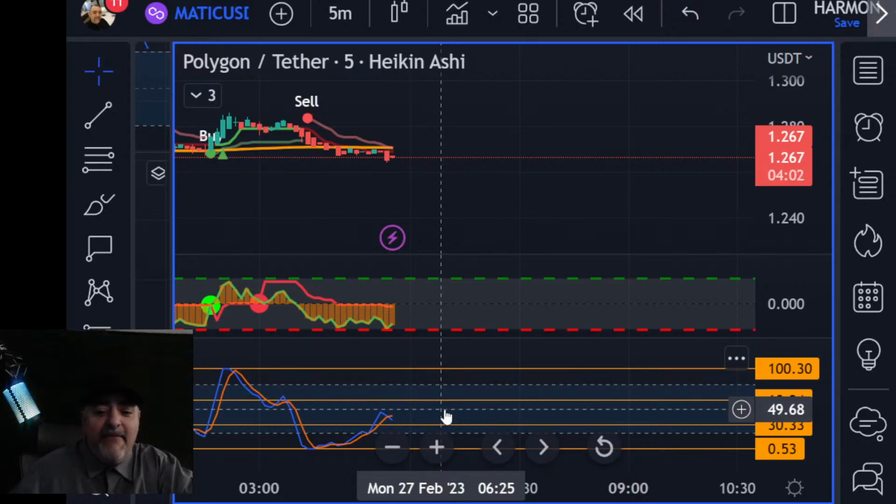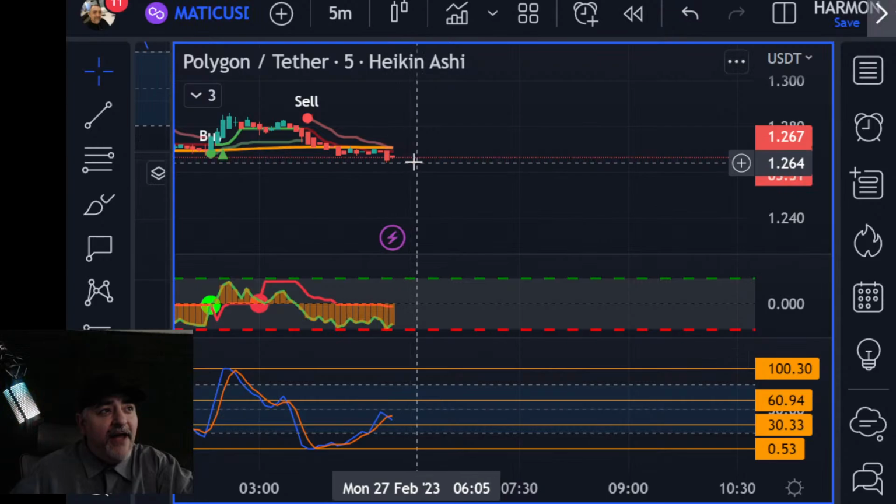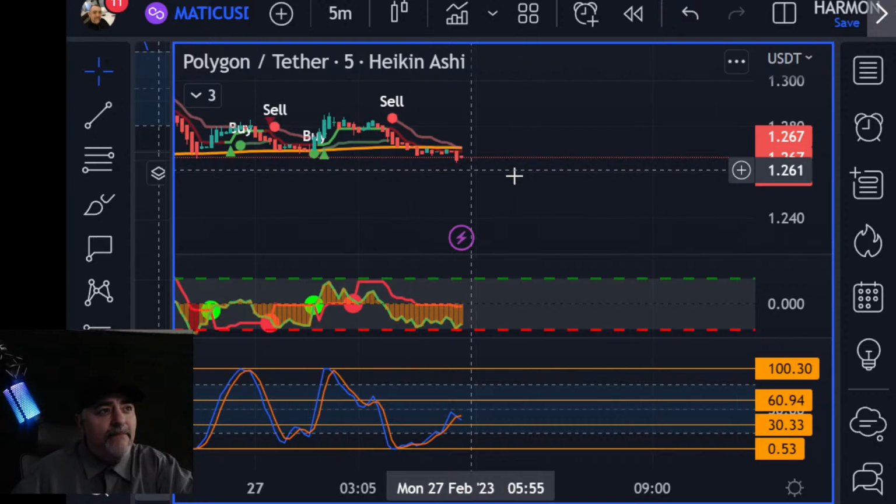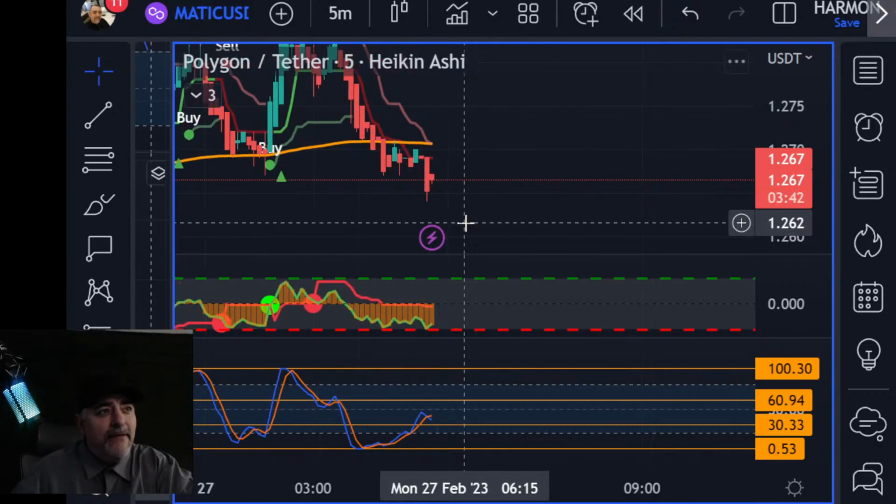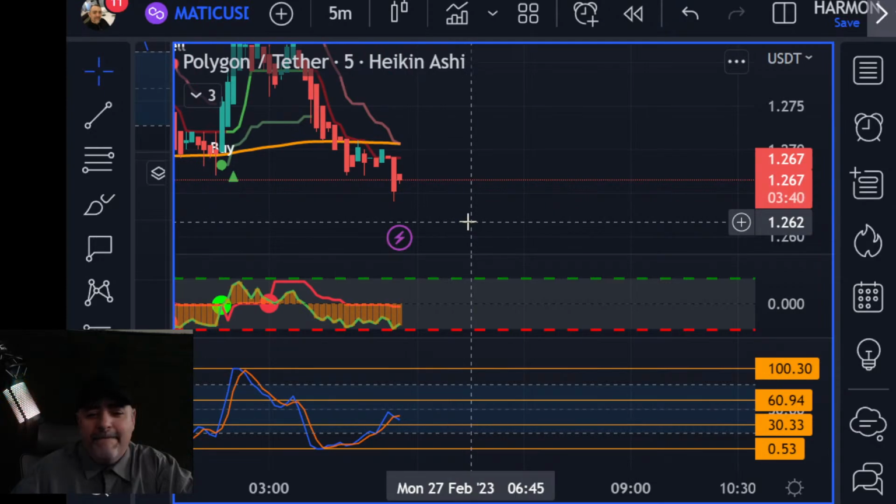As you can see right now, Matic is jumping. Matic has a push coming in, and then it's going to pull down after that. We're going to see a couple candles go sideways, and then we should see a collapse after it pushes. Come on now, come on, baby, come on now.